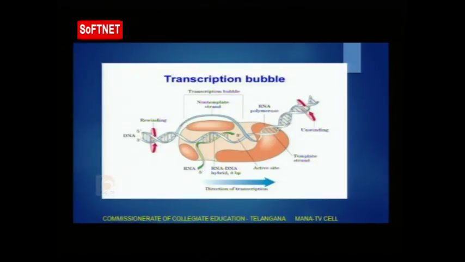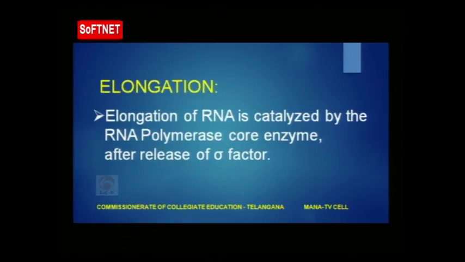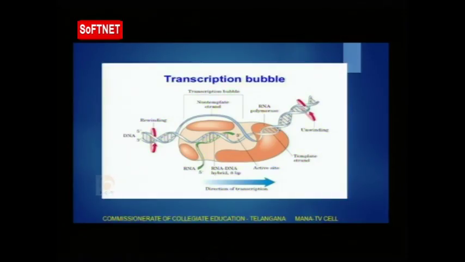Now we will see how the elongation process occurs. In the previous diagram you have seen the transcription bubble. Now this transcription bubble will move forward, unwinding the DNA and rewinding the DNA behind the RNA polymerase.